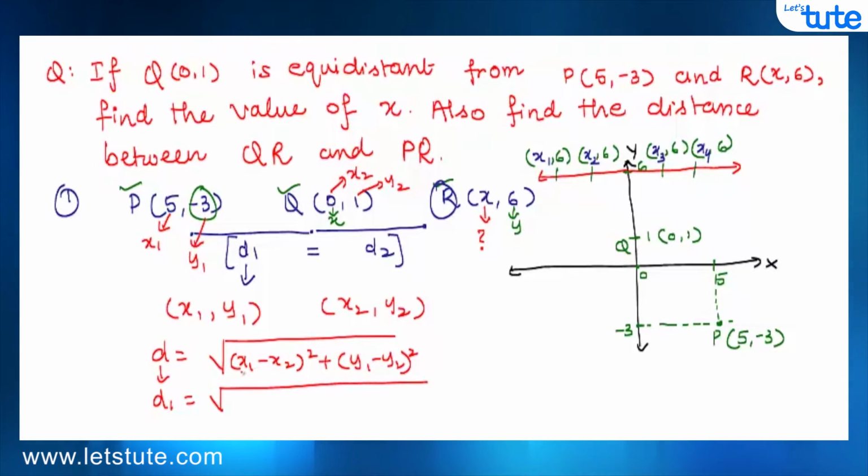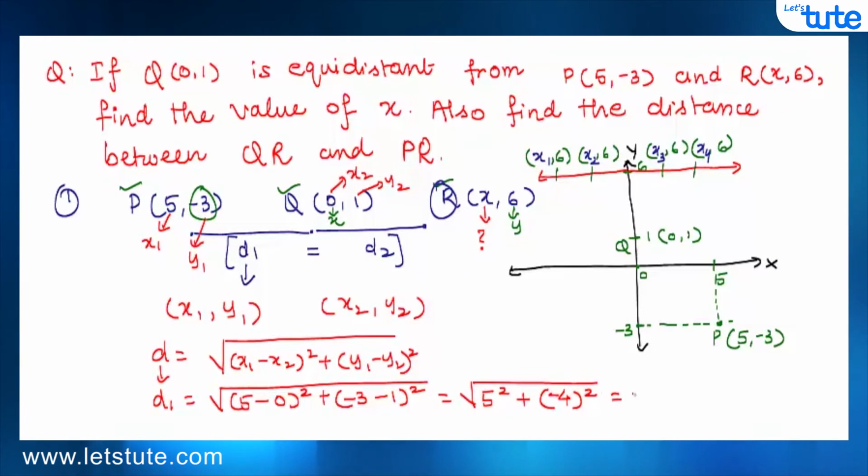Let us put the values first. x1 is 5, x2 is 0, plus y1 is minus 3, y2 is 1, squared. So this will give us, on simplification, 5 minus 0, that is 5 squared, plus minus 3 minus 1, that is minus 4, and minus 4 squared.